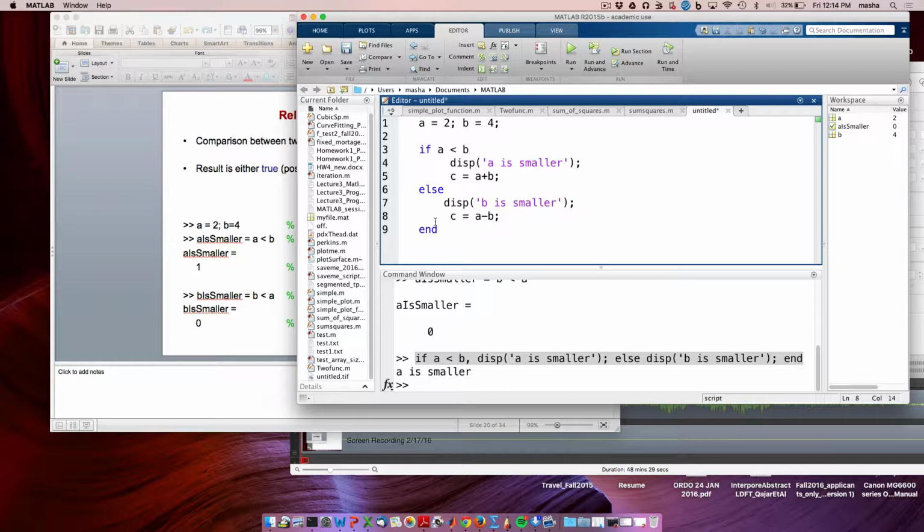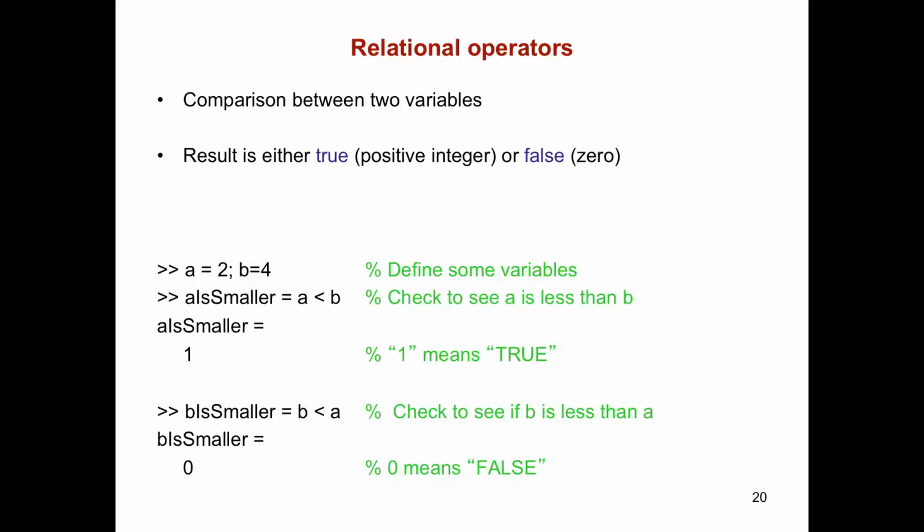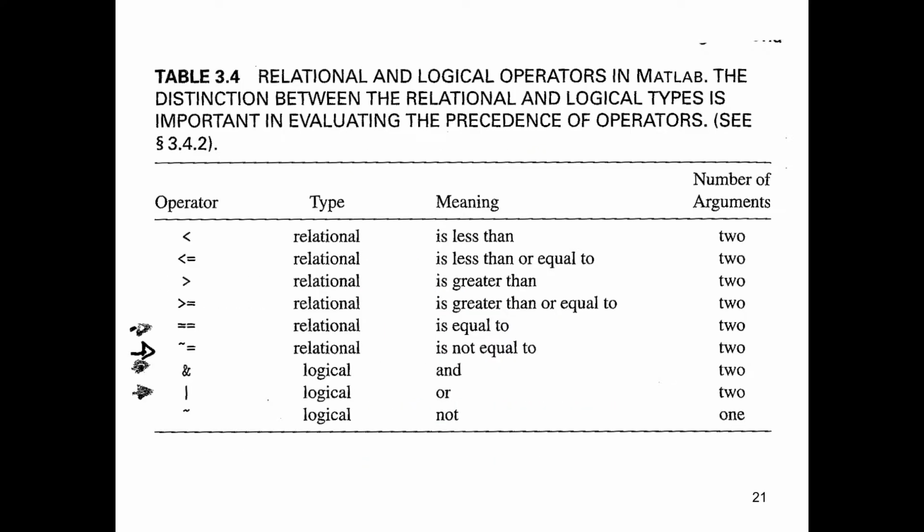Now, of course, there could be many other things that you could check for. This is only one relational operator. And this is the list of them. So there is less than or equal to, larger than or equal to.